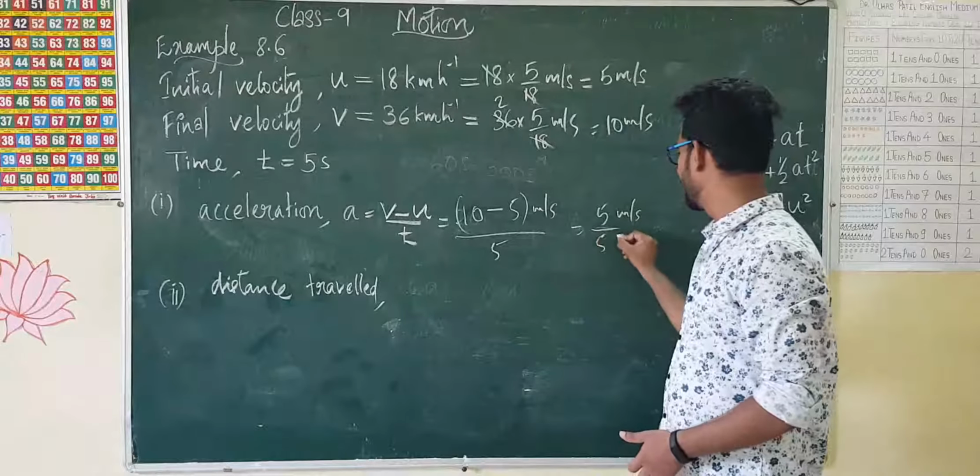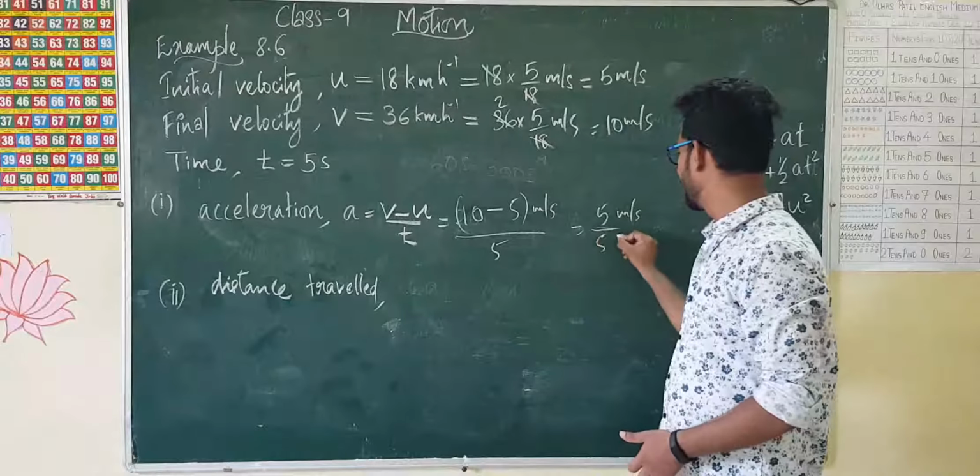What is v? 10 square minus 5 square divided by 2a. 2 into 1. 100 minus 25 divided by 2, that is equal to 75 divided by 2. So our answer will be s equal to 37.5 meters.